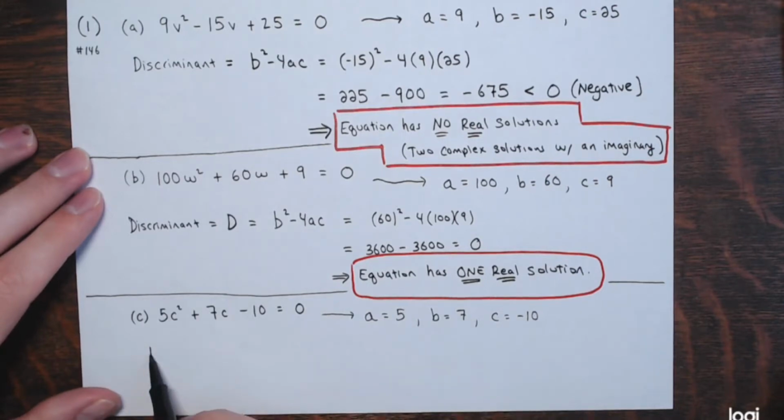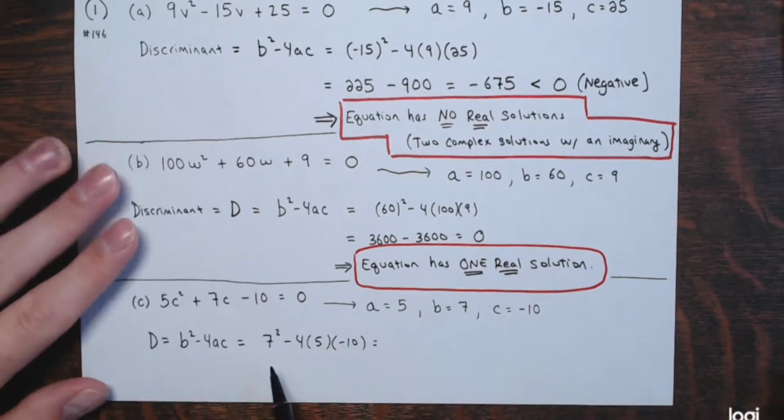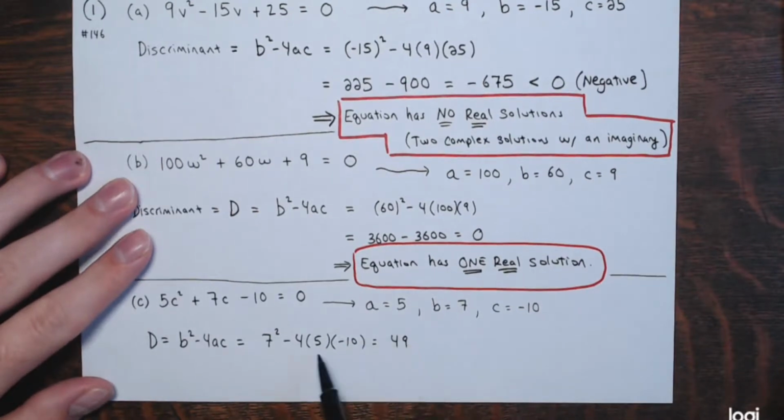The discriminant, which I've been calling capital D now, is again b squared minus 4ac. So 7 squared minus 4 times 5 times negative 10. This is going to be a positive number. This is 49 plus 200, so 249.